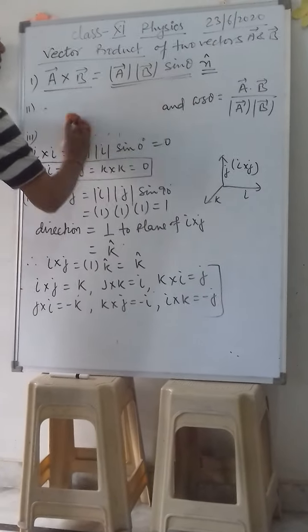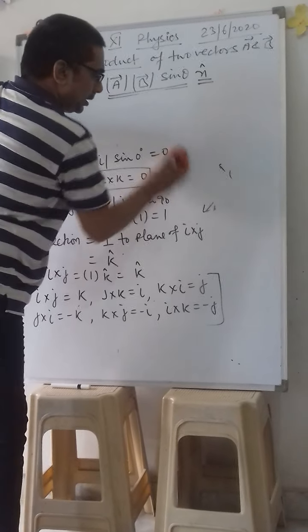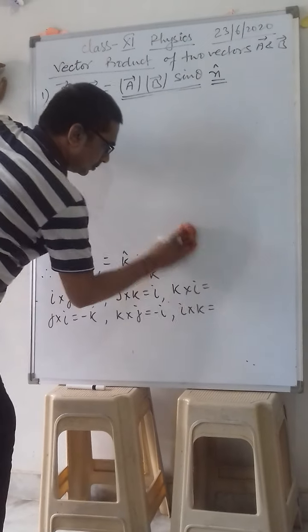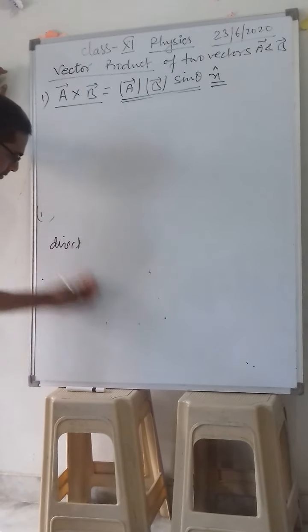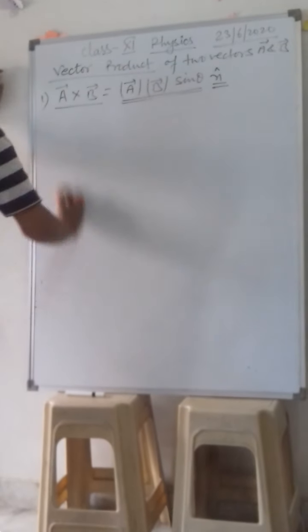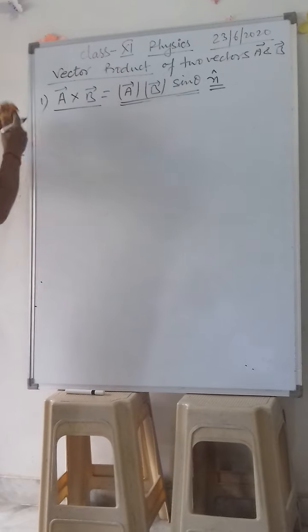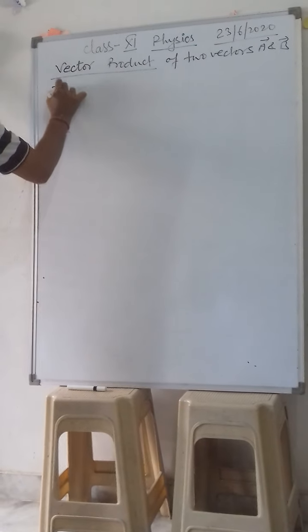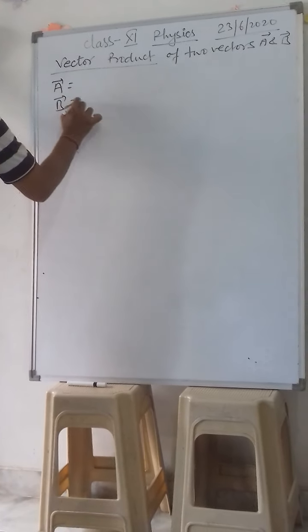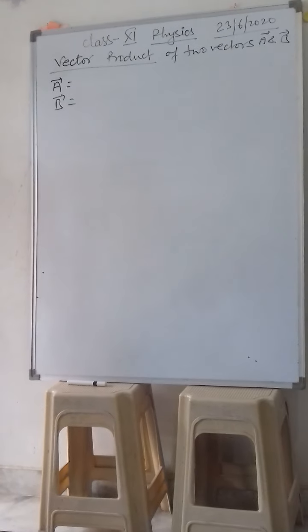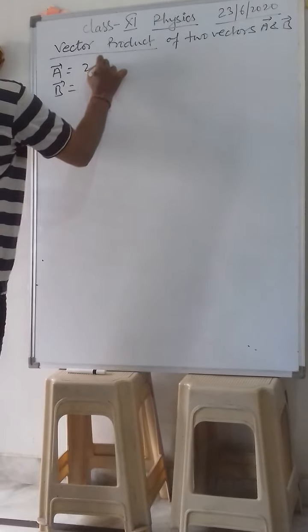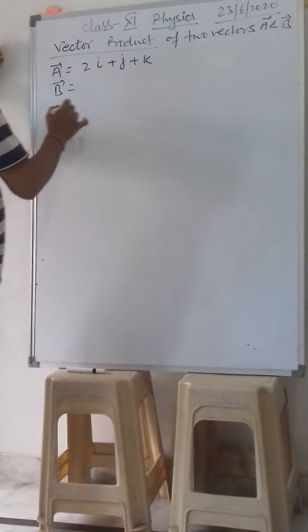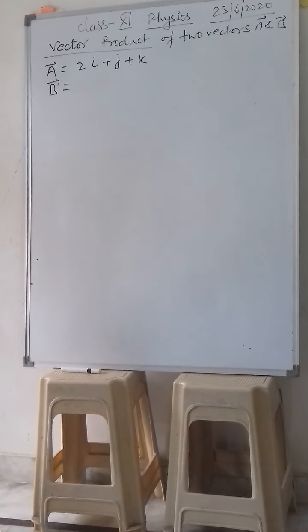Here we take example: vector A equal to 2I plus J plus K, and vector B equal to I minus J plus 2K.